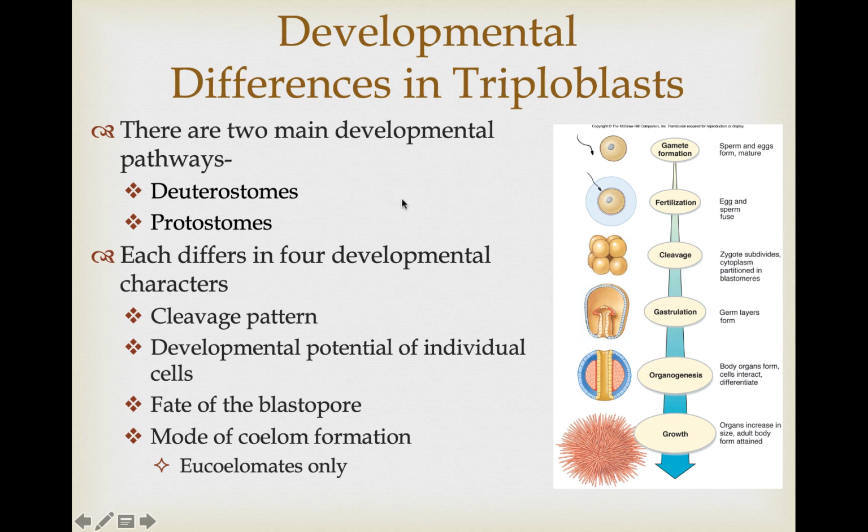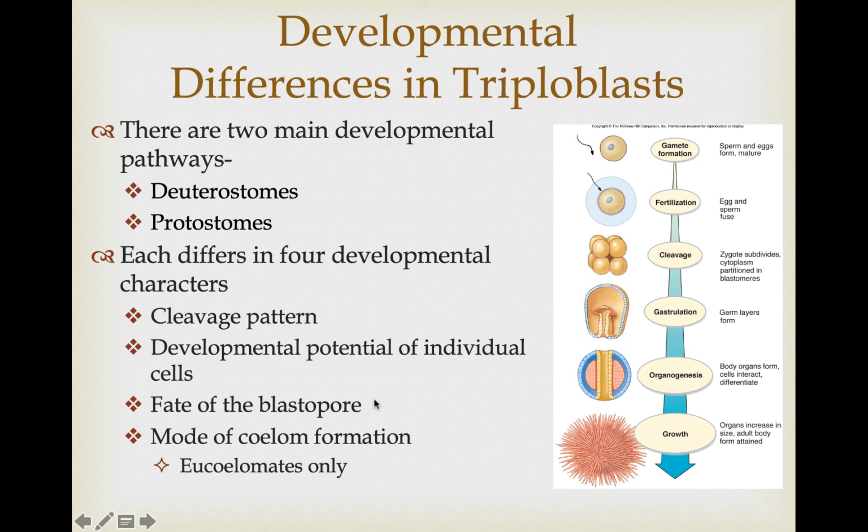Each of these lineages differ in four basic developmental characteristics: the patterns of cleavage, how the cells in some cases line up on top of each other, in some cases they form more of a spiral pattern in the blastula that's eventually formed. And then also, as these cells go through cleavage, when do they stop having the potential to develop into a separate individual, or when the cells have determined to become a specific part, such that if you separate those cells, you kill the embryo?